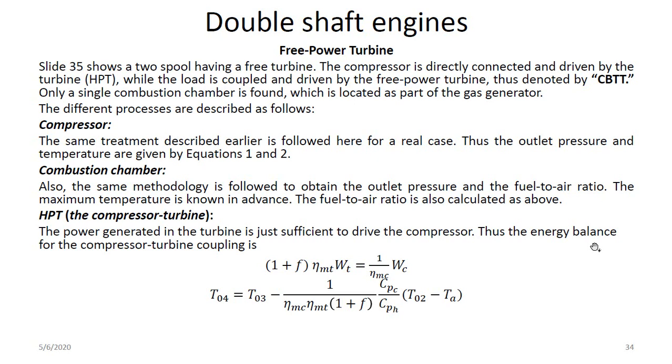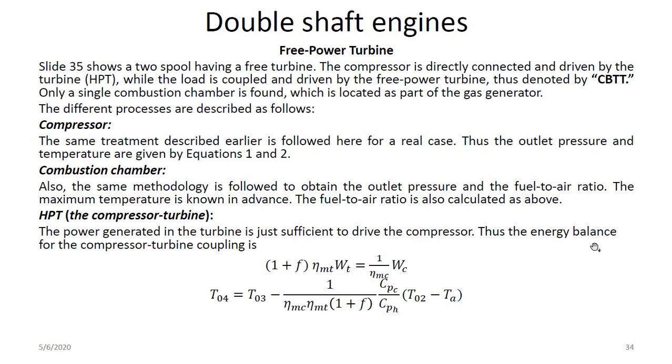So the power supplied by the turbine multiplied by the mechanical efficiency of the turbine, where MT stands for the mechanical efficiency, is equal to the specific work that is consumed by the compressor, and T4 is equal to this expression.